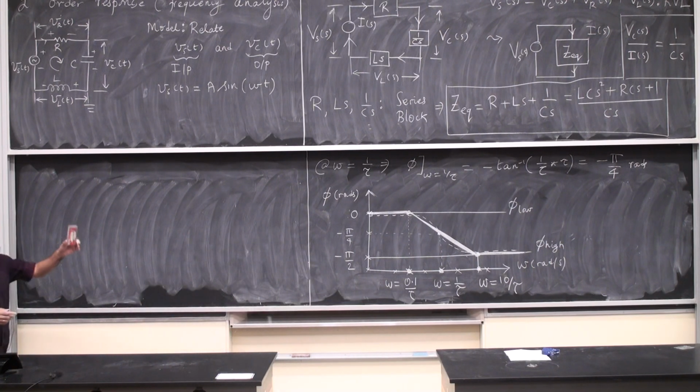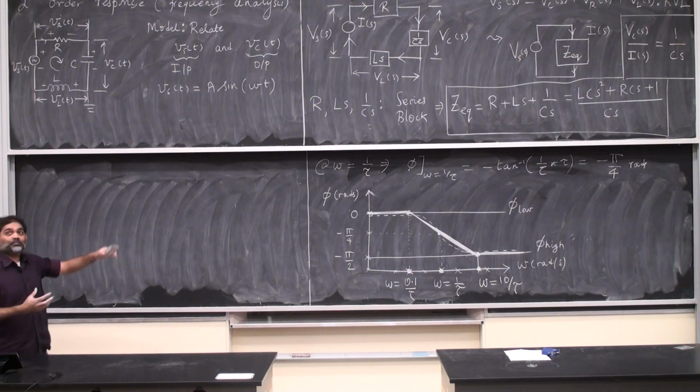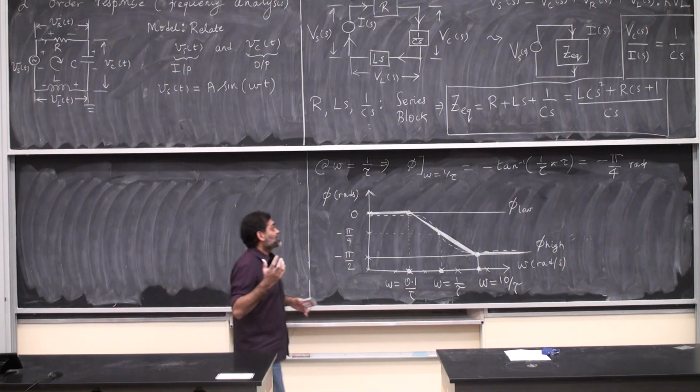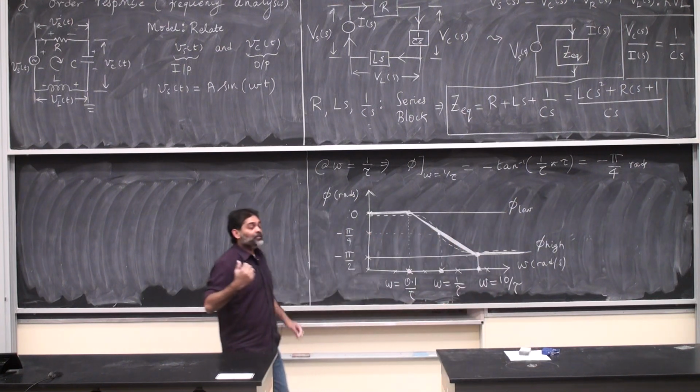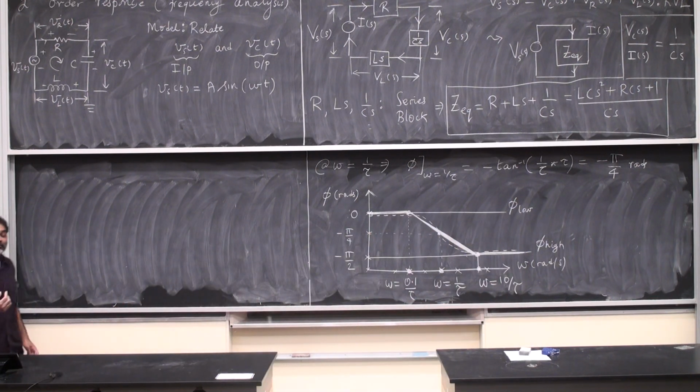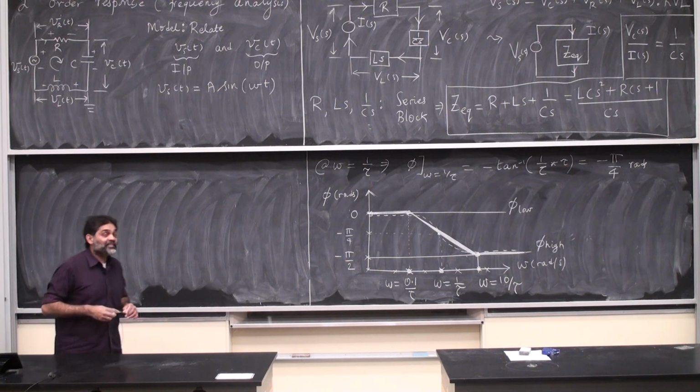And once again, if you have things in series, the voltages add up, which is why the voltage drop across the equivalent impedance is Vs of S. It's the sum of Vc, Vr, and Vl. Okay? We looked at this when we did the RC circuit last time. So without much calculations, we can say the following.